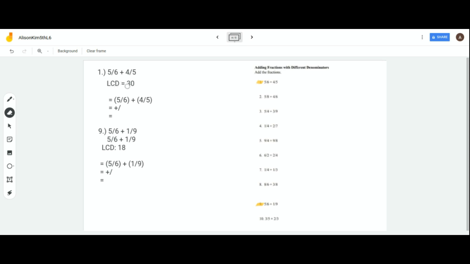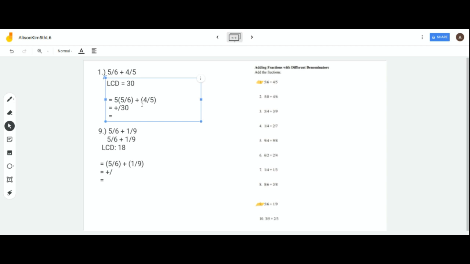Since the LCD for this one is 30, we know that the bottom number right here, your denominator, will also be 30. But we need to multiply this fraction in order to get the 30, right? So 30 divided by 6 is 5. So we have to multiply the fraction by 5 in order to get 30 for the denominator.